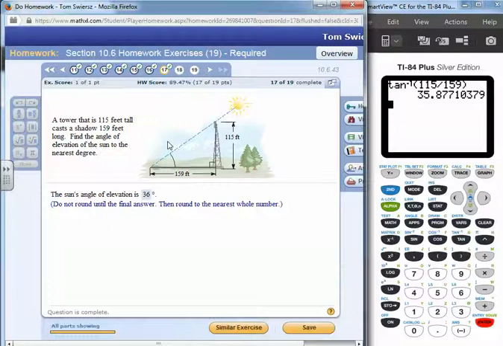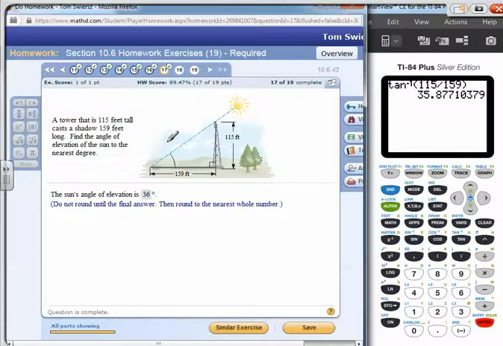Again, on the calculator, you hit the mode key to change it from radians to degrees.